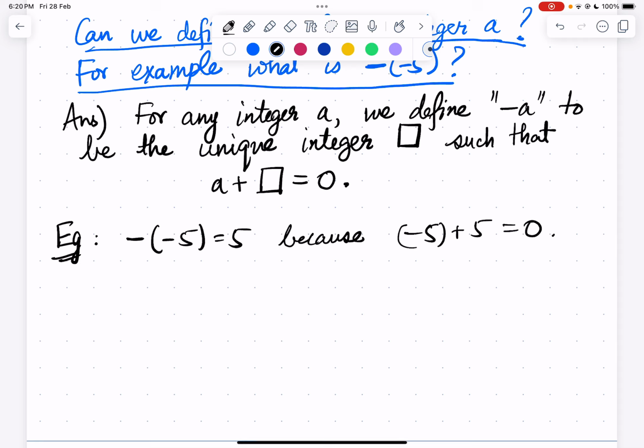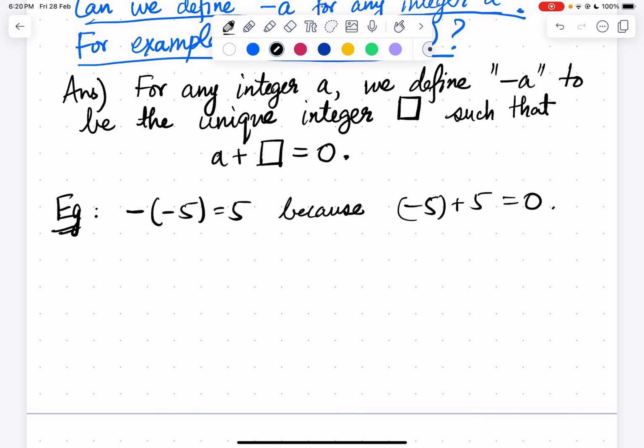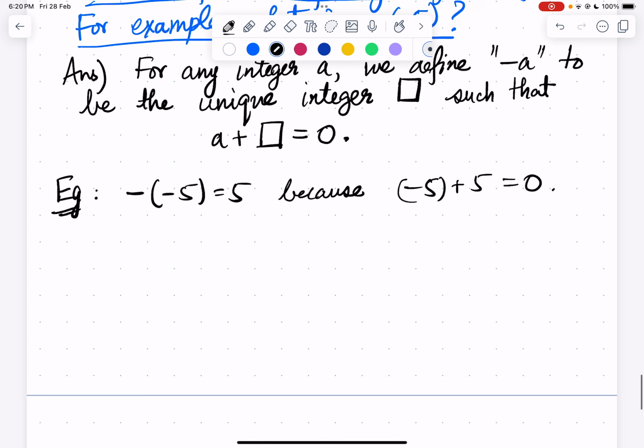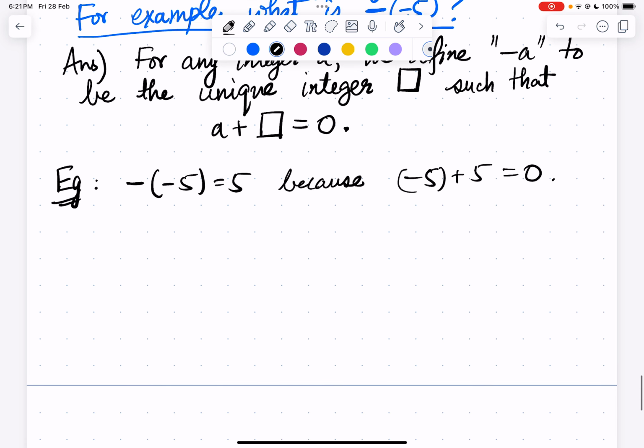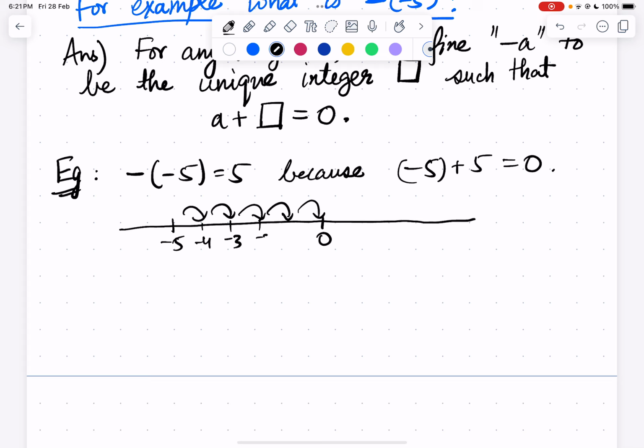Minus a is that integer such that when you add that integer to a, you get 0. So minus of minus 5 is 5 because if you add 5 to minus 5, you get 0. So minus of minus 5 is 5 by this definition. You begin at minus 5, you take 5 steps, you end at 0. Hence minus of minus 5 is 5.